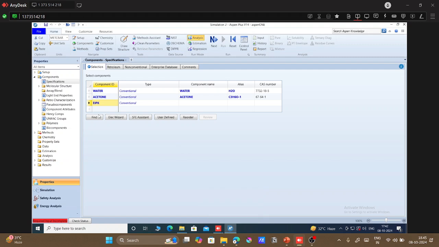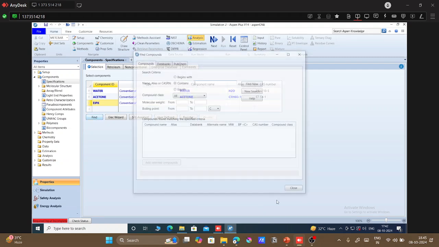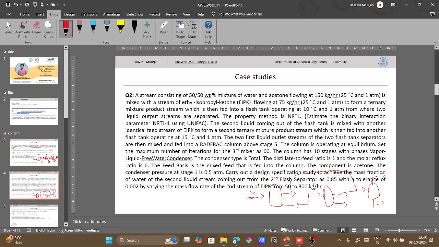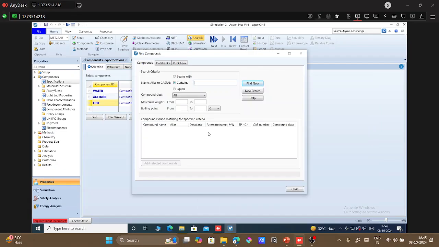Okay, so I cannot find EIPK directly, so let's write its name, ethyl isopropyl ketone. Okay, so we have this.